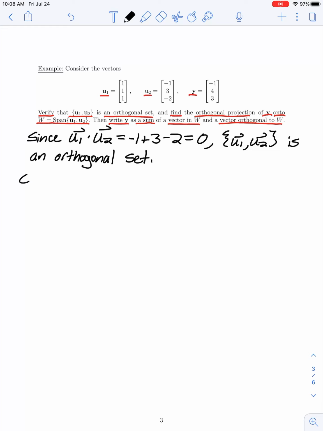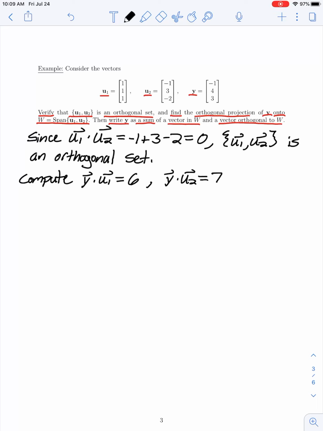So as we did in our previous example, to make use of our orthogonal decomposition theorem, we must compute the dot product of y with u1, which would be, let's see, negative 1 plus 4 is 3 plus 3 gives us 6. The dot product of y with u2 is equal to 1 plus 12 minus 6.